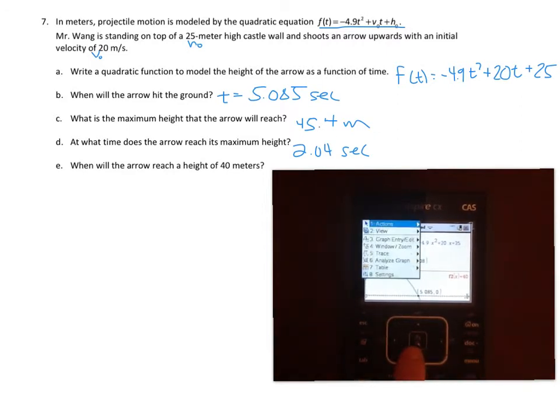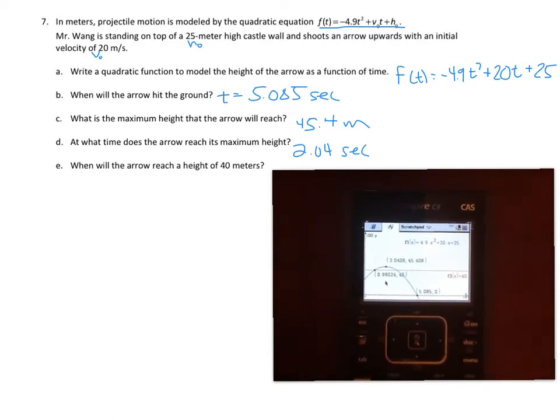So we go to menu, analyze graph, and we want the intersection. There are two places where this graph hits a height of 40, so I'm going to have to find both intersections. The first one, at about 0.99 seconds, it reaches a height of 40.